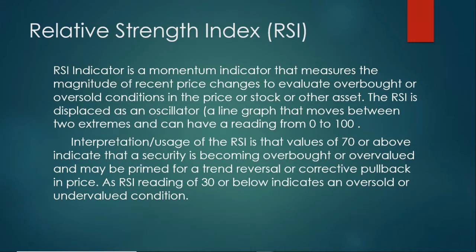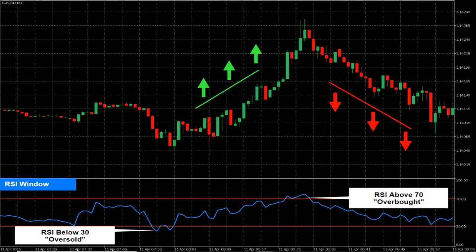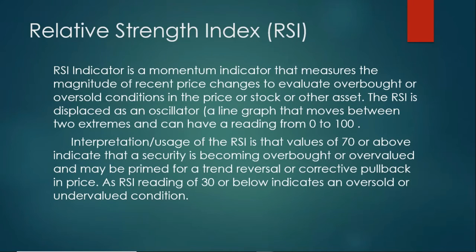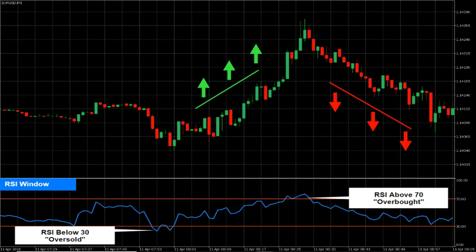I'll explain this in a live way so that you can get a clear understanding, because if I just explain with the slides, you will not have a clear idea. Once I show you the graph, it will be clear. This is just an overlay of the graph, and this is the RSI window.